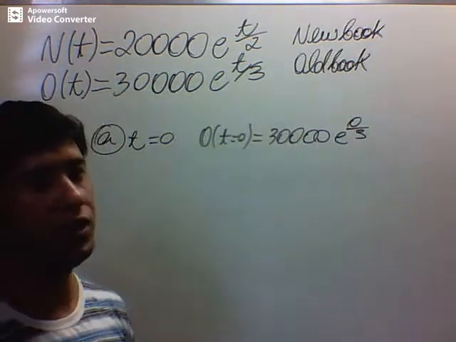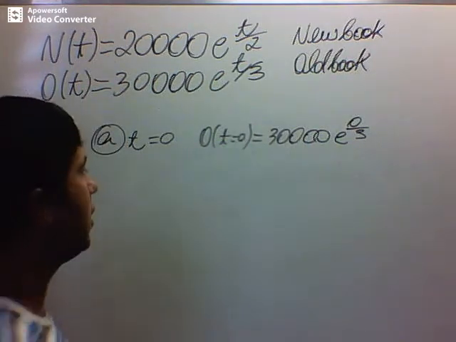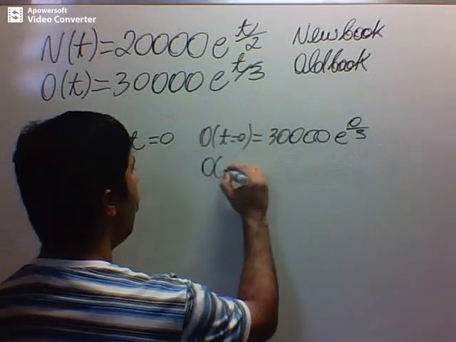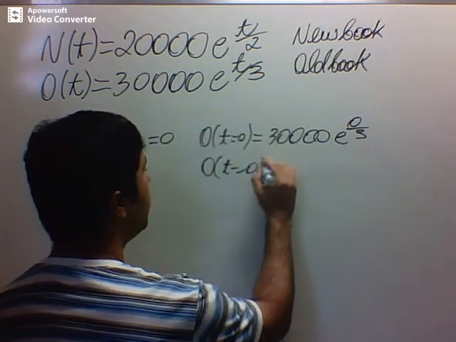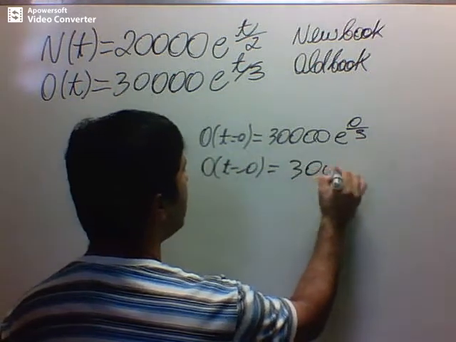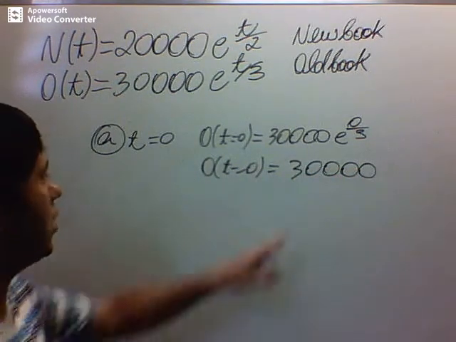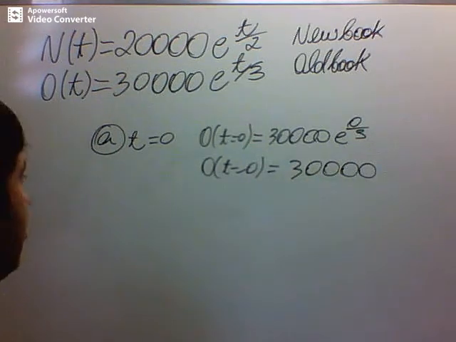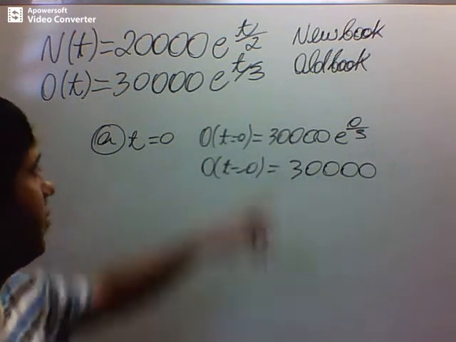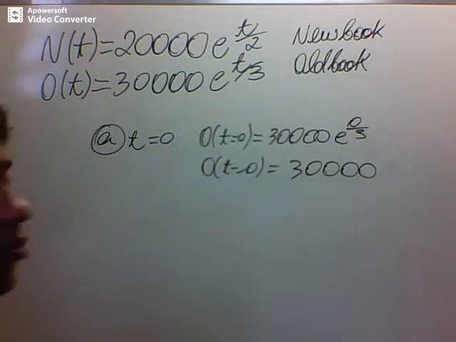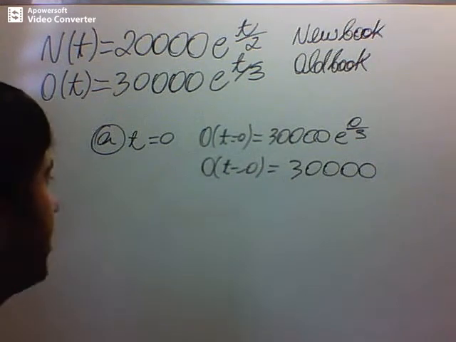Then 1 times 30,000 is simply 30,000. So O of 0 is equal to 30,000. Then we already know that 30,000 is the number of users our first social media platform is going to have at the time of its beginning.